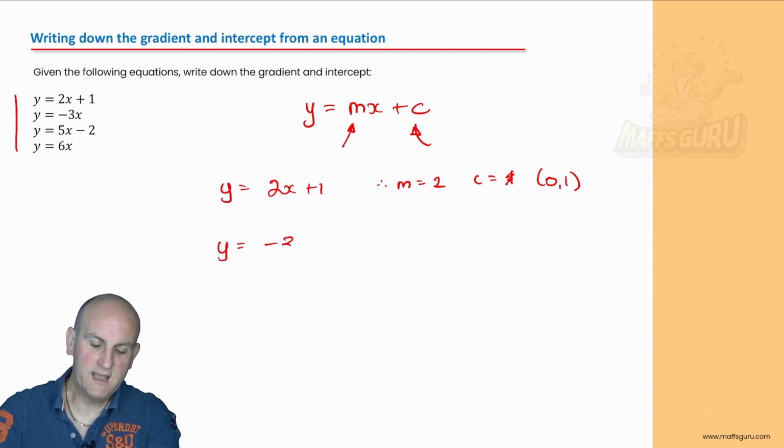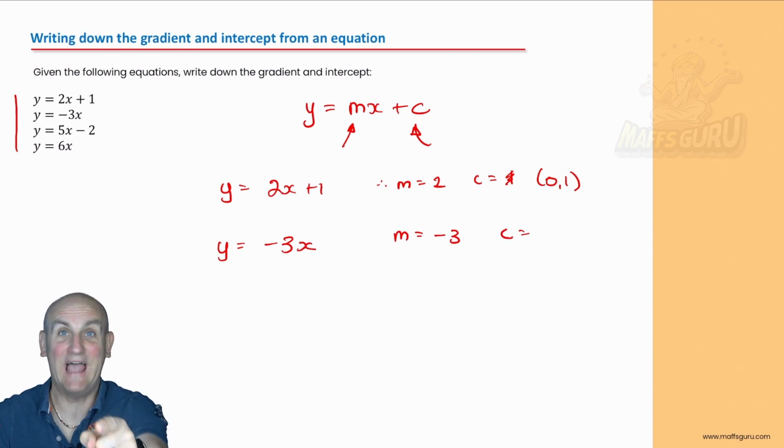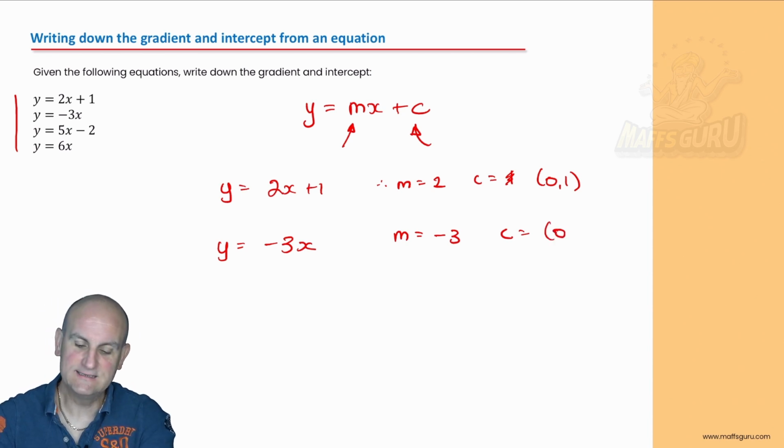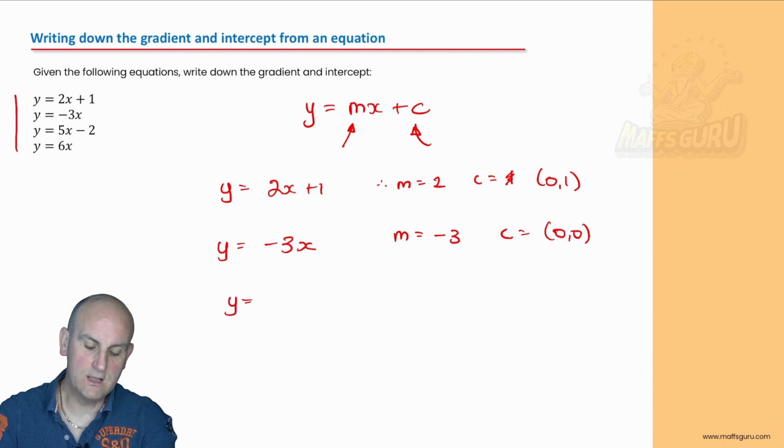y equals minus 3x. Well, that's easy. My m is equal to minus 3. But what's my value of c? Well, there isn't anything there. Exactly, there's nothing there. It's (0, 0). Next, I've got y equals 5x minus 2.